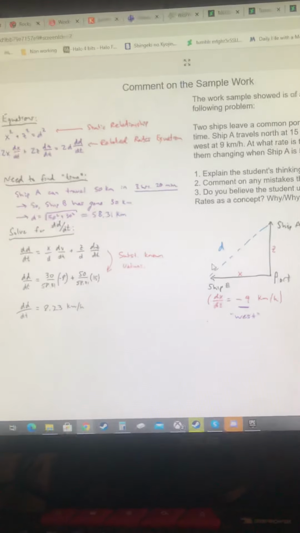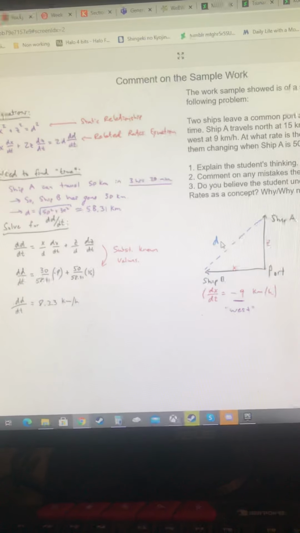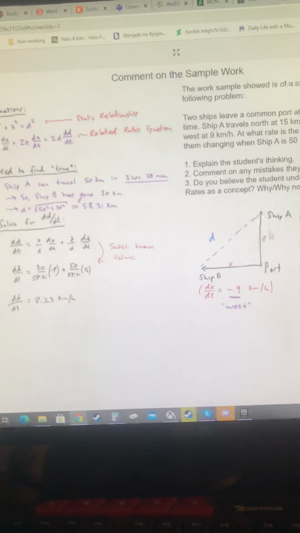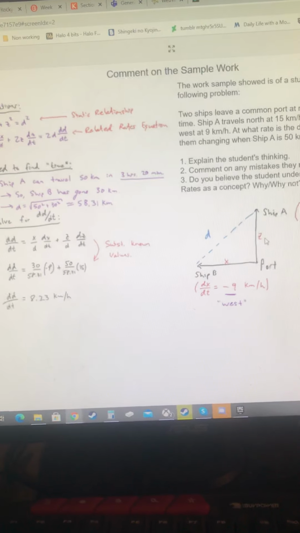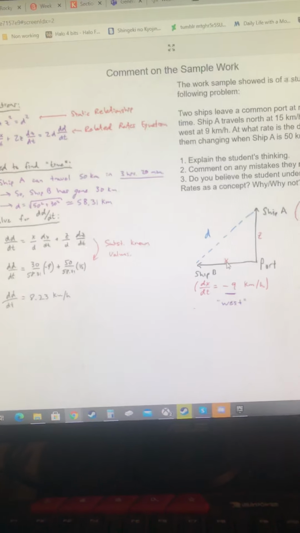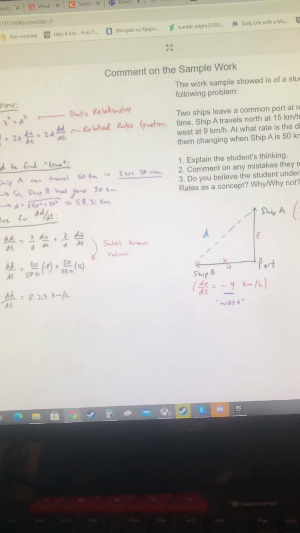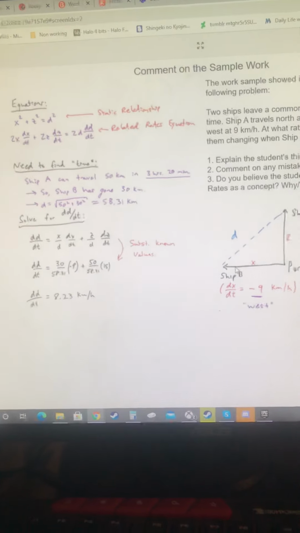So what is the average rate of change of D when ship A, which is Z, is 50 kilometers away, and X, which is ship B, is 30 kilometers away from port?